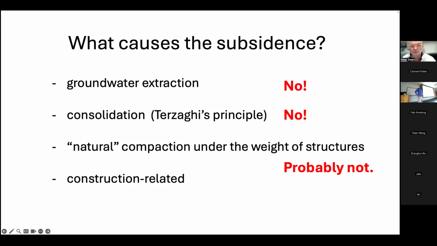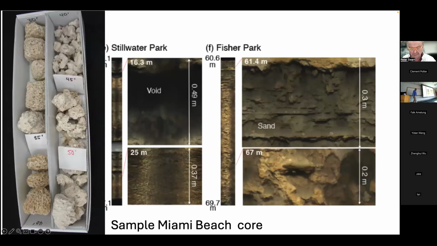And so that's what makes you say that it's probably construction of other buildings. So that makes us say that it's not related to this material. It's related to the sandy layers.